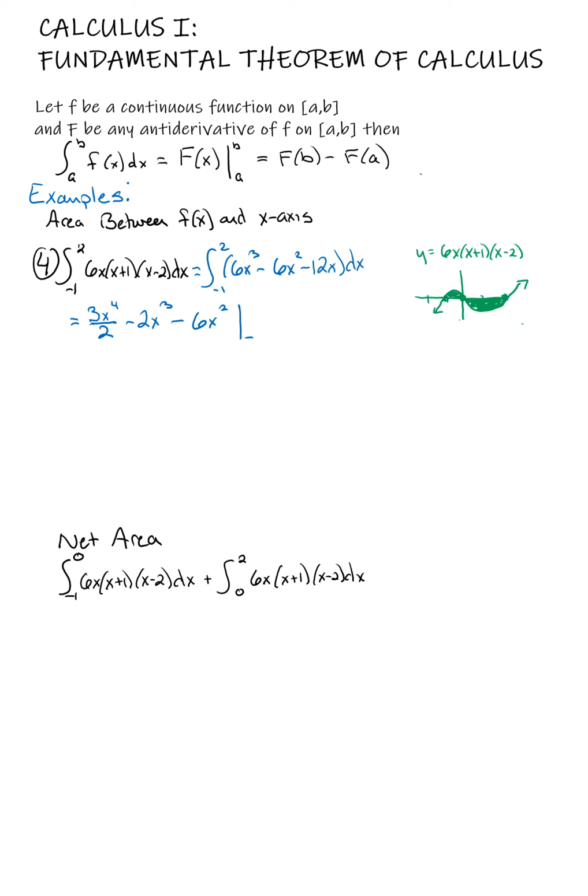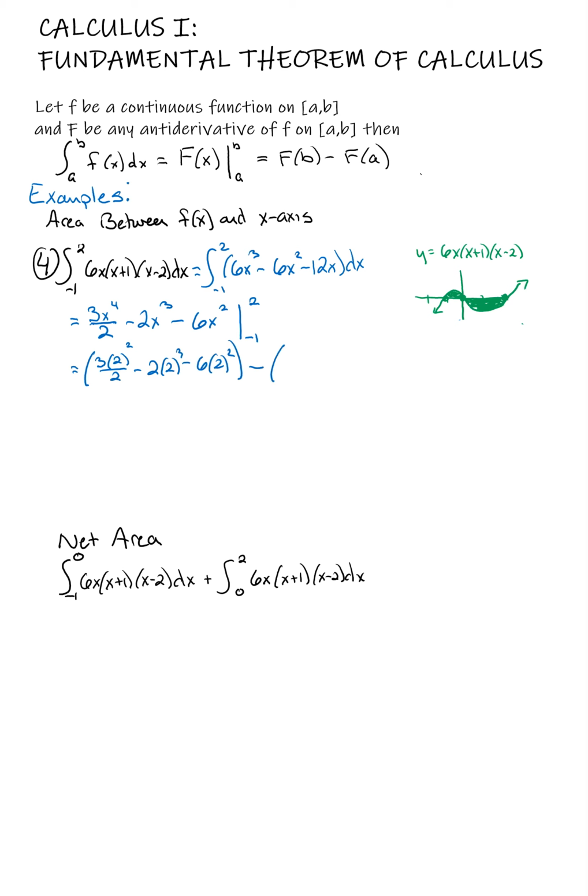But now we need to evaluate this from -1 to 2. So let's see, that's 3. Evaluate the x's as 2. Notice I put all of that in parentheses, and then a minus sign, and then another set of parentheses.